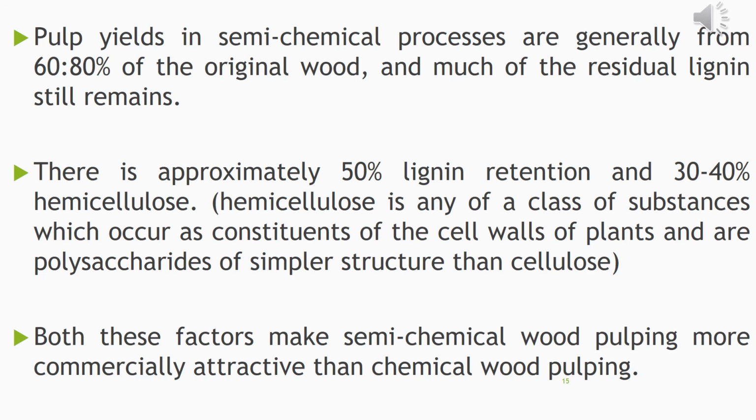Now we see that the pulp yields in the semi-chemical processes are from 60 to 80% of the original wood. Of the original wood we have used, about 60 to 80% will be the yield of pulp.